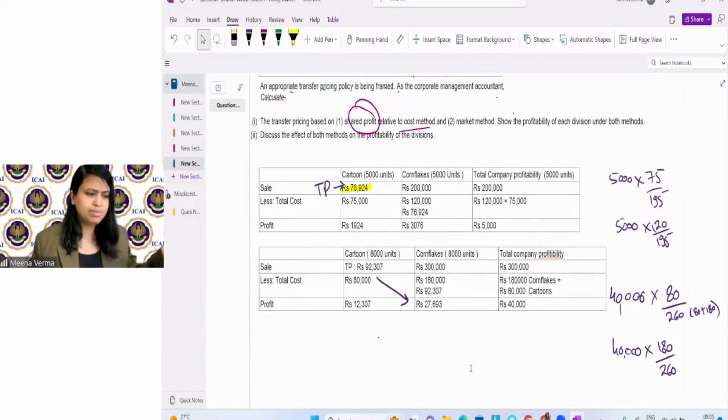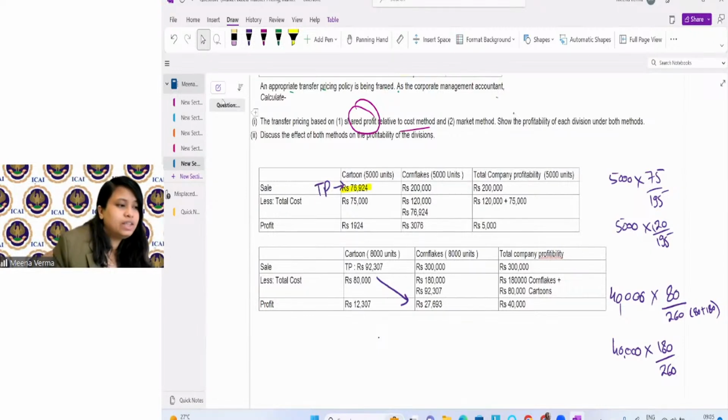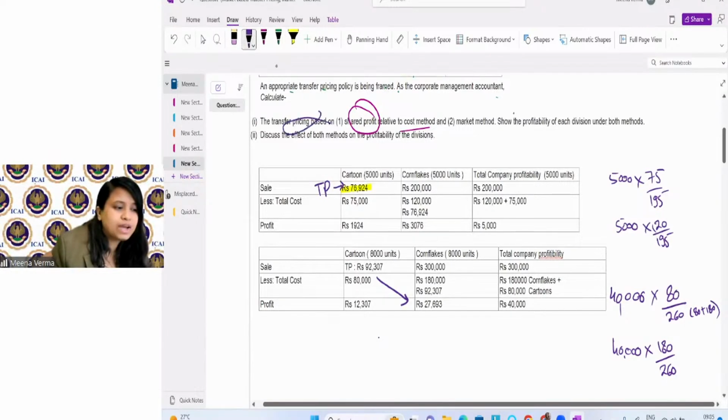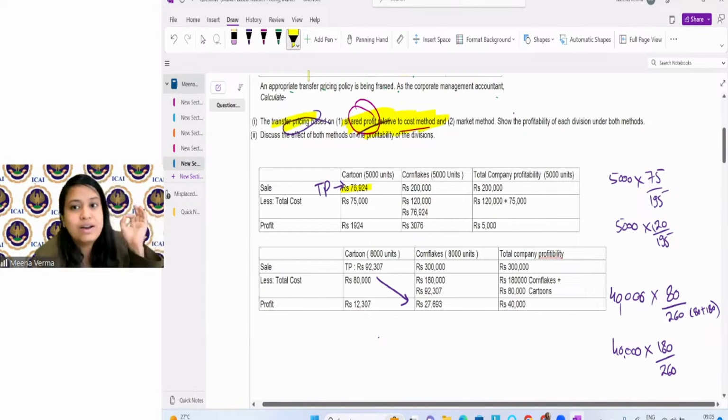Simple, right? They have calculated the transfer price using the shared profit relative to cost method.